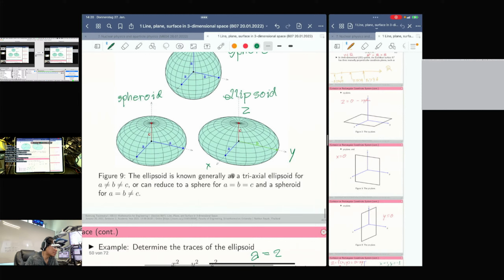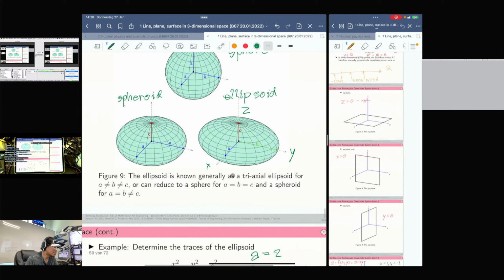I haven't written the answer, the answer is here. What is the outcome from the intersection between the xy plane and this ellipsoid? The ellipsoid is like an egg, a chicken egg, or a rugby ball. What is the intersection outcome? Anyone who could deliver the answer?